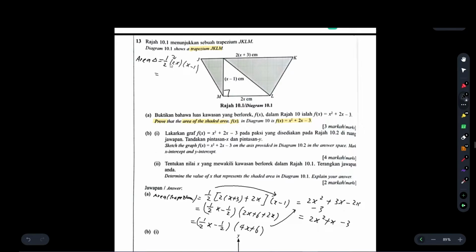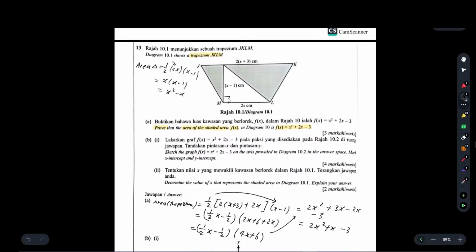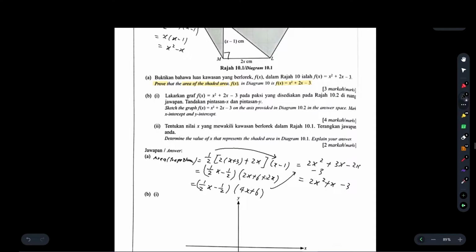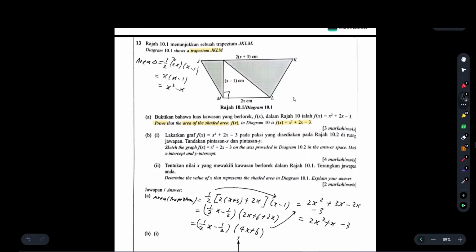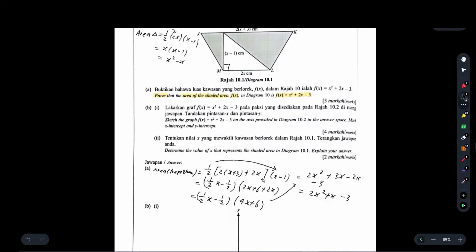We multiply 1 over 2 and 2s, we will have s, and then times s minus 1, s squared minus s. Now we're going to find the shaded area. Let me write down the area of the trapezium first: 2s squared plus s minus 3.